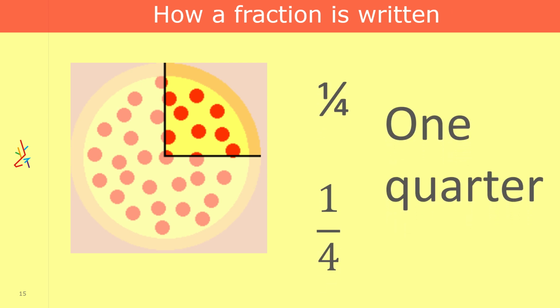even if the line is written slightly differently. So for example, on one of them you've got a line that's written diagonally, on another one you've got a line that's written straight across. It still means divide. So when you're writing fractions, different people might write them different ways.